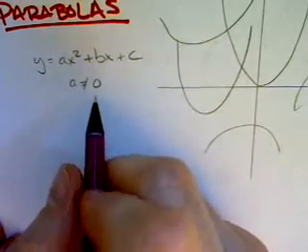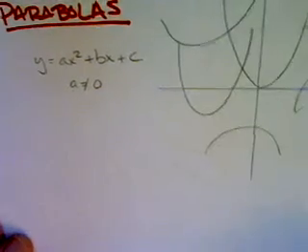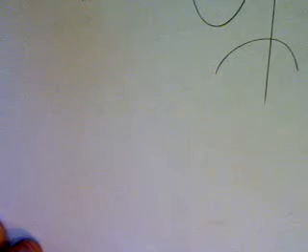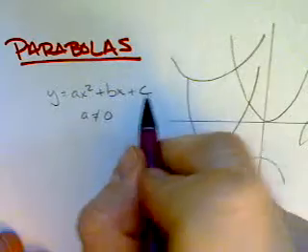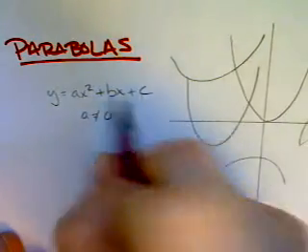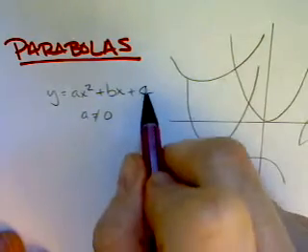All right, so let's start with a few understanding of things. A is a very, very important term in parabolas. I think that C is too, because C is a very important term in linear functions.